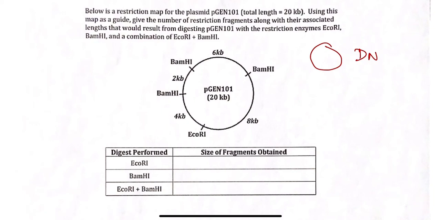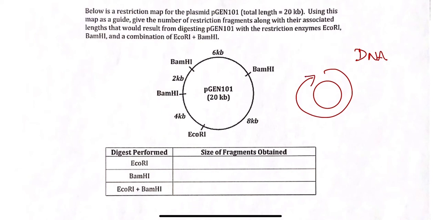It is often found in bacteria, and plasmids can differ in size. You can have a small plasmid or larger plasmids, and we can measure their length by measuring their perimeter.